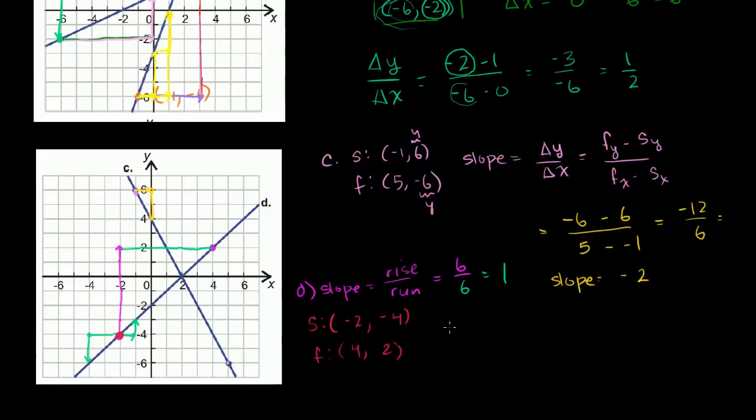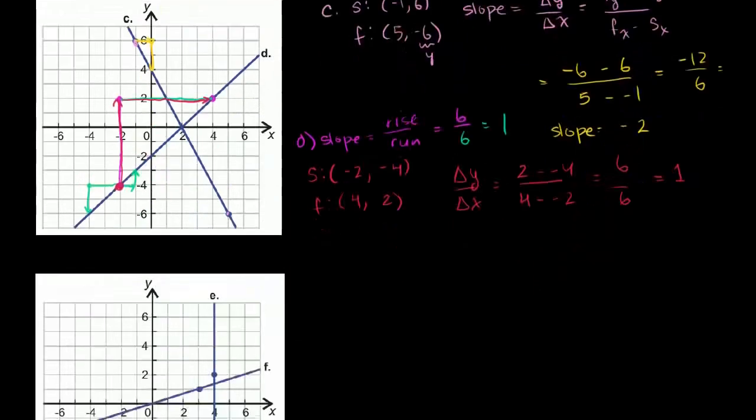And so our slope, change in y over change in x, I'll take this point, 2 minus -4, over 4 minus -2. 2 minus -4 is 6, and remember, that was just this distance right there. And then 4 minus -2, that's also 6. That's that distance right there. And we get a slope of 1.